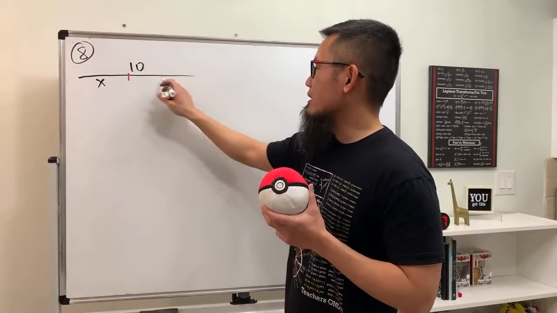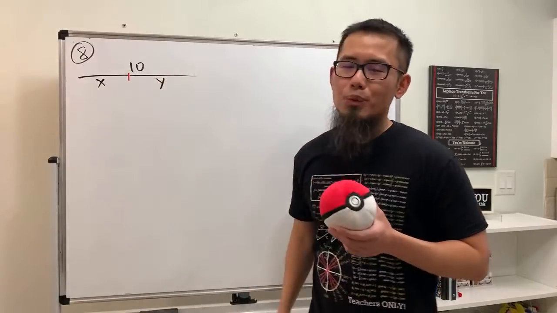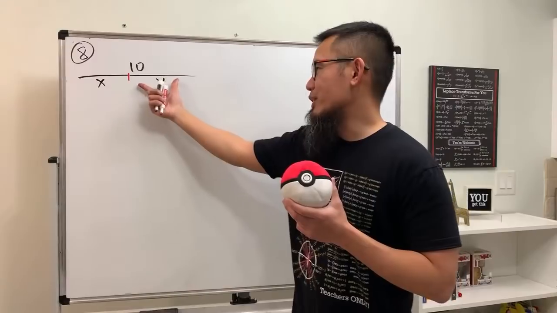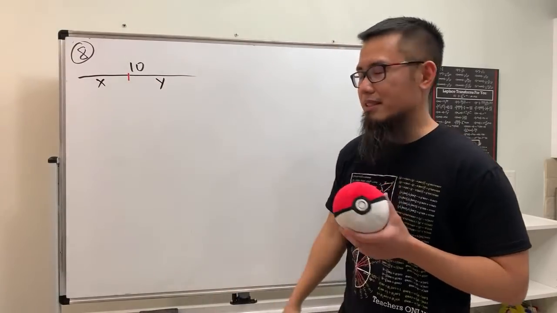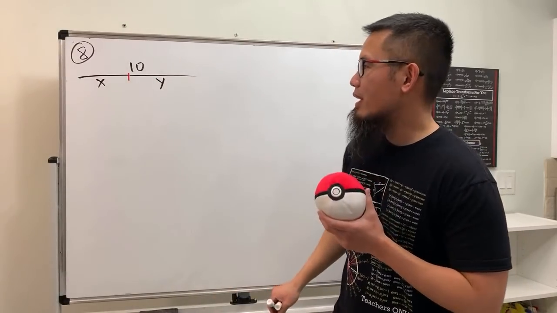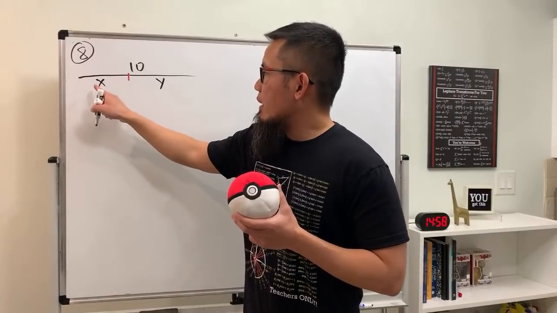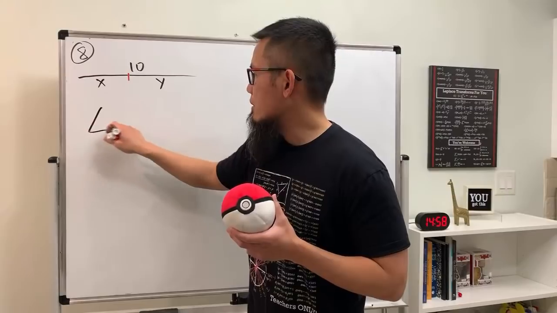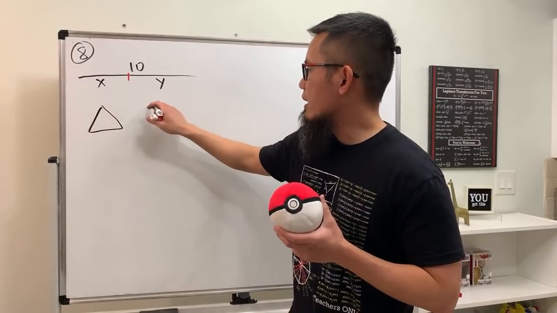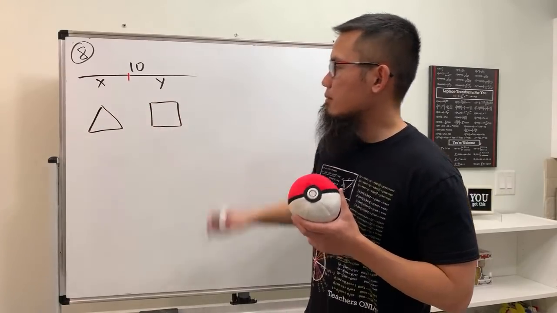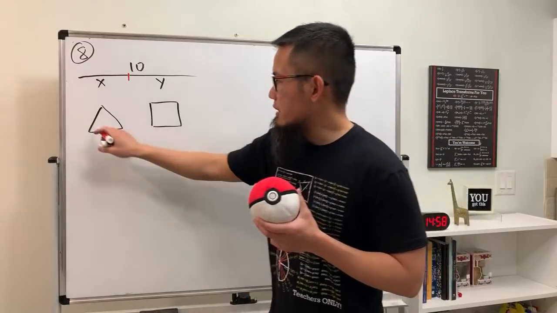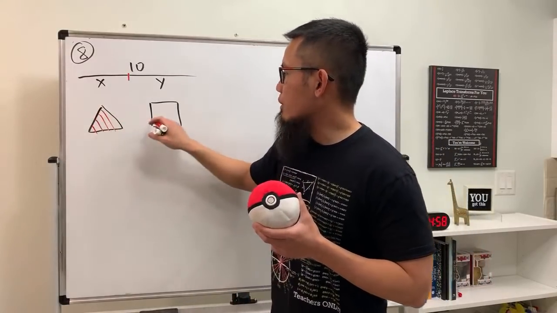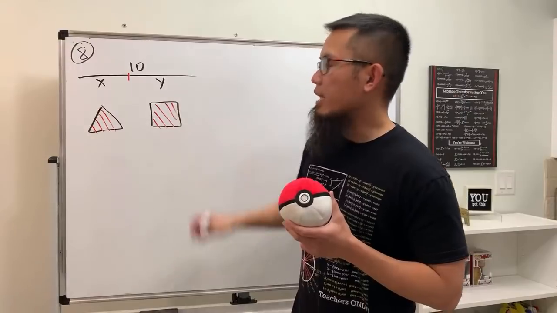I don't know how long that is, I will call that y. But I think you guys know this right here is just 10 minus x. Doesn't really matter though. We are going to make one piece into a triangle, and the other piece into a square. And we are going to see what's the smallest area that we can get.